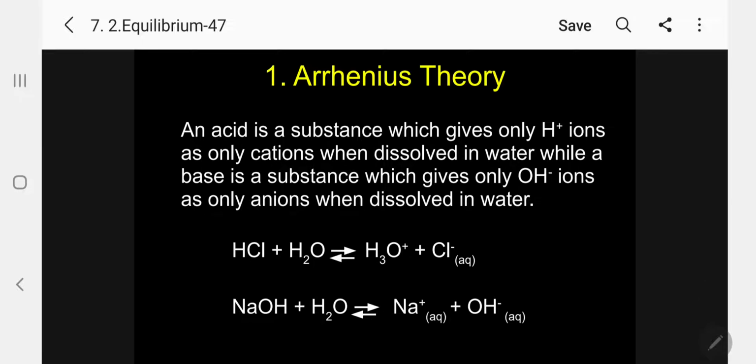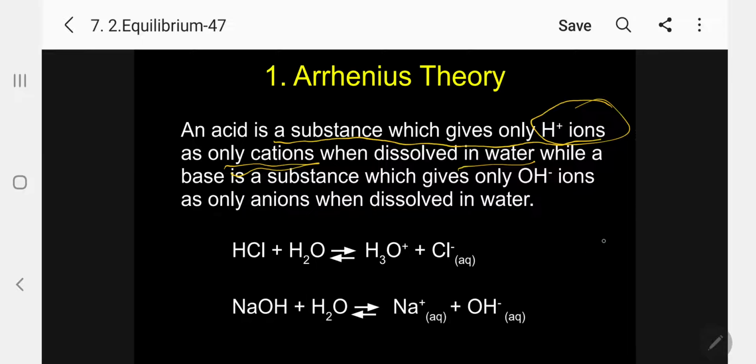According to Arrhenius, kindly follow, this is different from the Arrhenius theory of ionization. Don't confuse yourself. According to Arrhenius theory, what is an acid? An acid is a substance which gives only H plus ion as the only cation when dissolved in water.